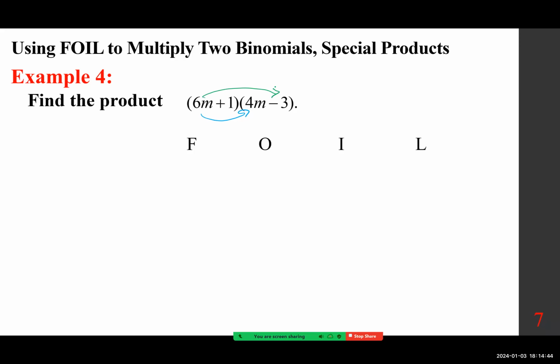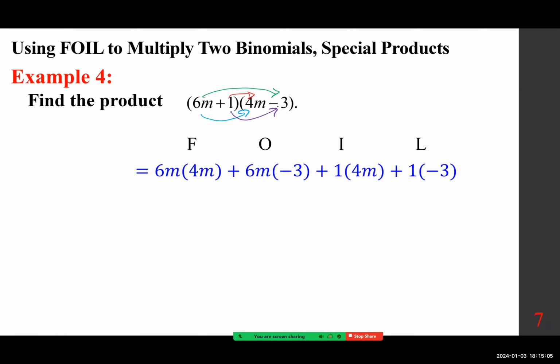These two would be the outers. These two would be the inners. And this would be the lasts. So you should be able to do this in your head.